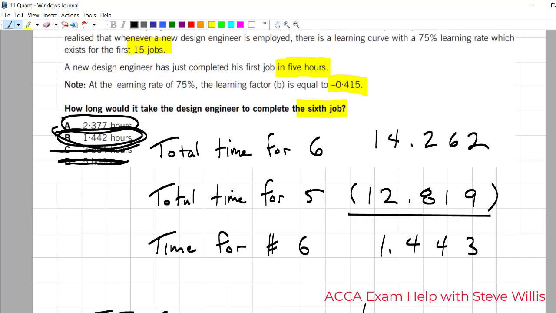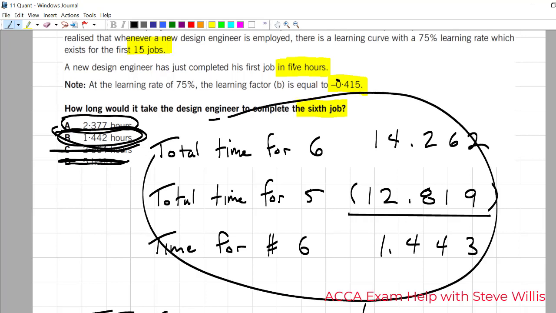Now, the cool way to do this is what I wanted to tell you. If you get a learning curve question like this in the exam, what you do, you copy this important information, you type it right into the scratch pad. Then you go to the navigator and go into the spreadsheet in section C. Quickly do all of this in the spreadsheet.